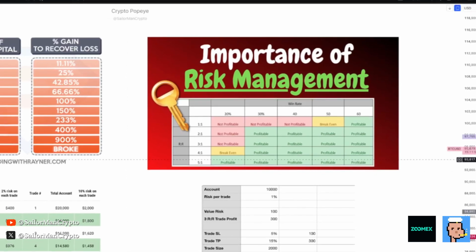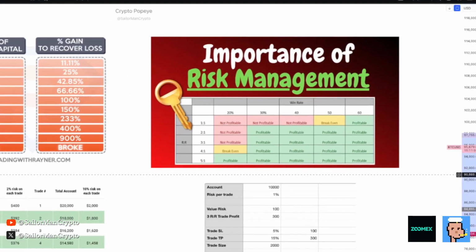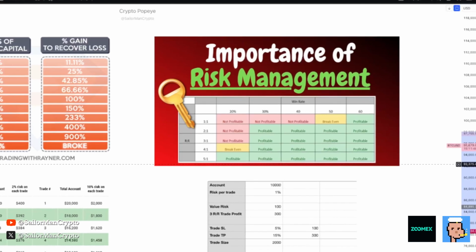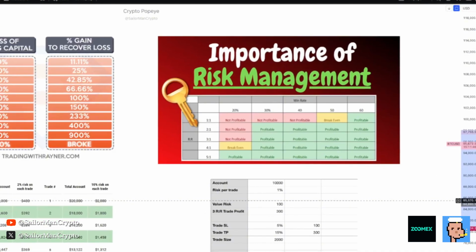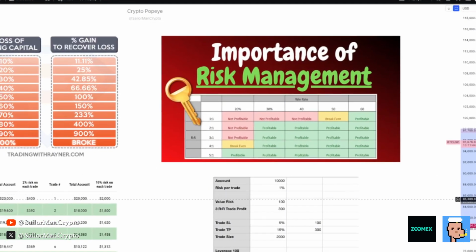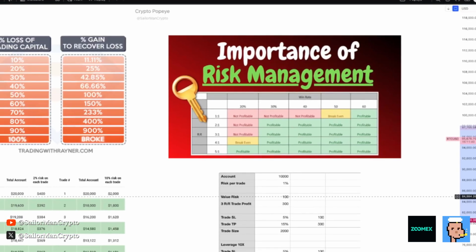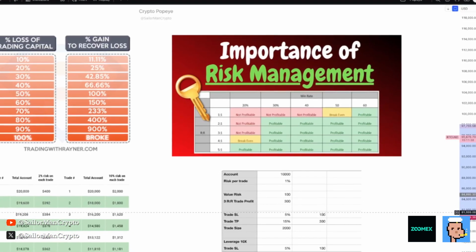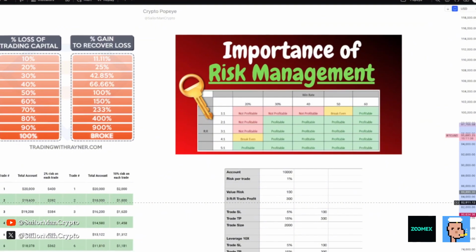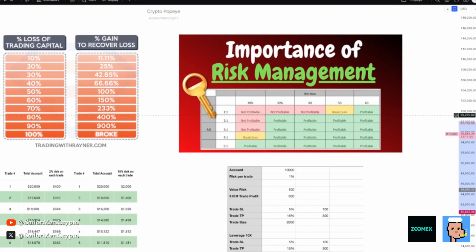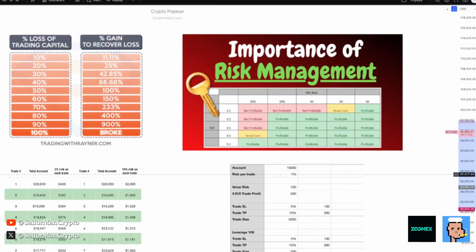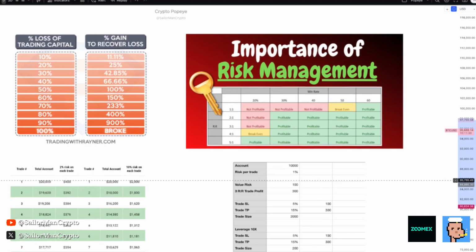To make it super straightforward and simple, this is what a trade looks like, and you can see here the risk reward is usually given in the middle. This example is a trade where we are risking 5% to gain potentially 15%, and the risk reward in this case is 3.